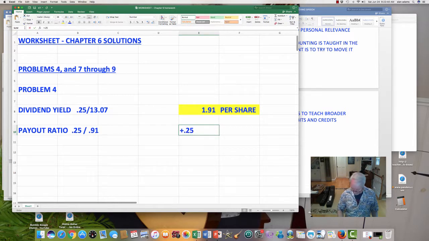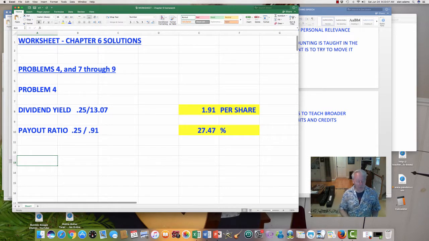We take 0.25 divided by 0.91 multiplied by 100 so we can get it as a percentage. I'll give you two decimal places, and that is 27.47%. That is your answer. This company, Xerox, at the time was paying out roughly 27.5% of their earnings per share as a dividend. That's a very healthy number, ladies and gentlemen.